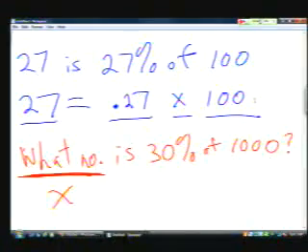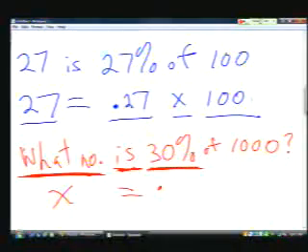We say n. Okay? So if you're scared, you better use n, all right? Now, "is," we translate that into what? Equals, very good. All right, translate 30% into a decimal, Jonte. Is it 0.03? Is it 0.30? Is it 3.0? 0.30, very good.